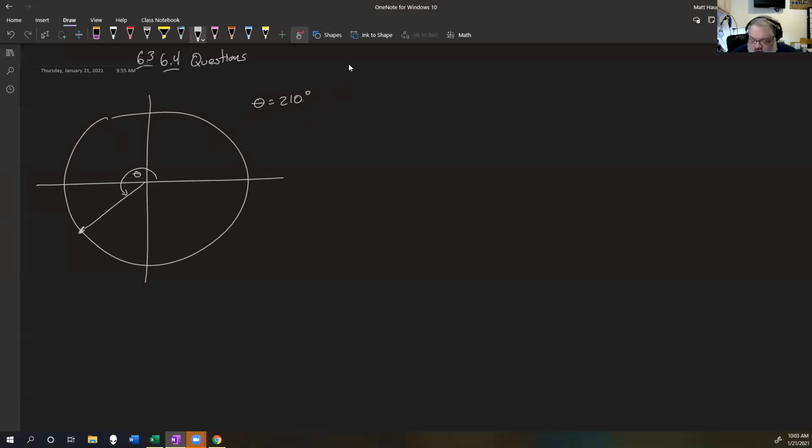Now, I don't actually know what the sine of 210 degrees is, but we know it could be represented by this physical height h, right? That y value. So it's going to be some negative number that represents that length.